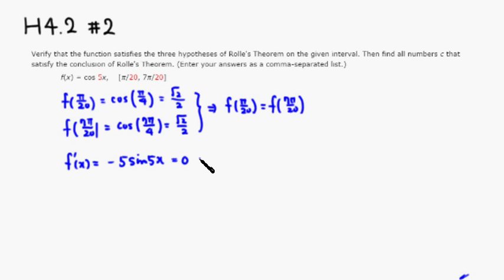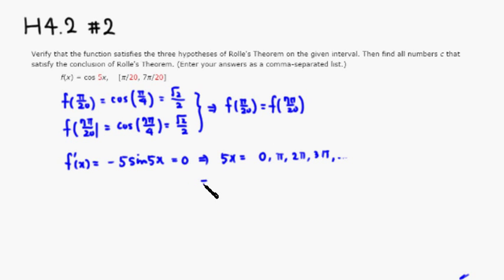Then we know that 5x has to be equal to, in order to make a sine equal to 0, the angle has to be 0 or pi, 2 pi, 3 pi, and so on.